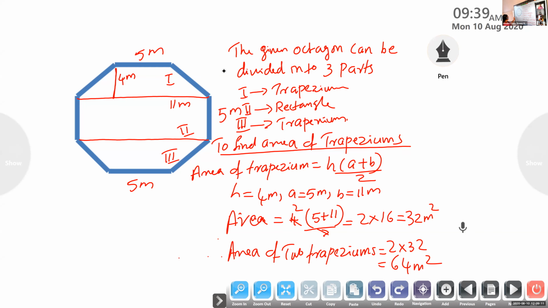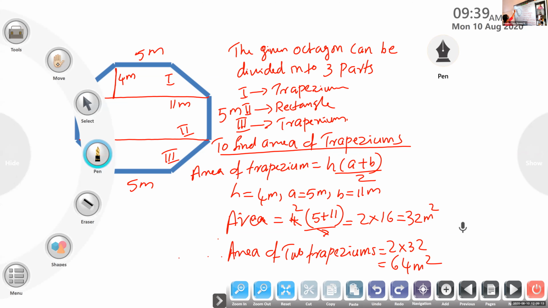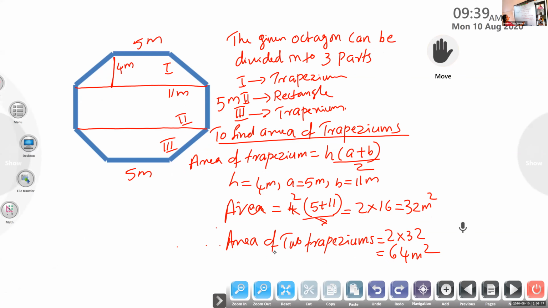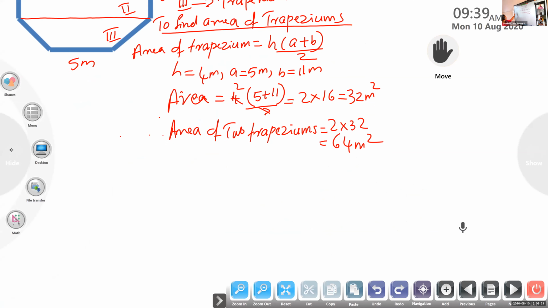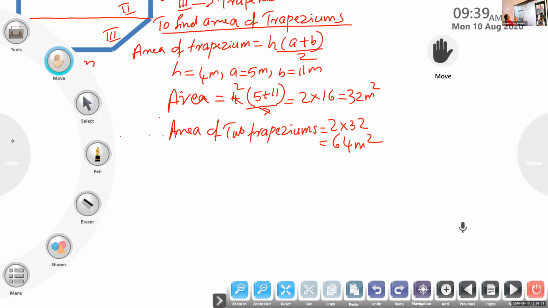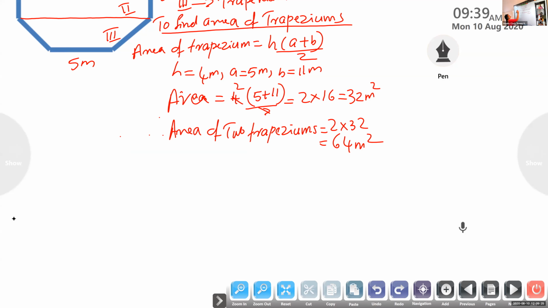Now we will find the area of the rectangular part, the second part. Area of the rectangle. Formula?